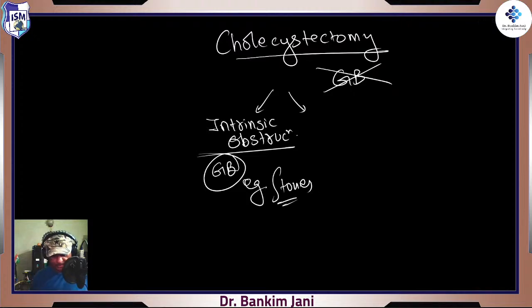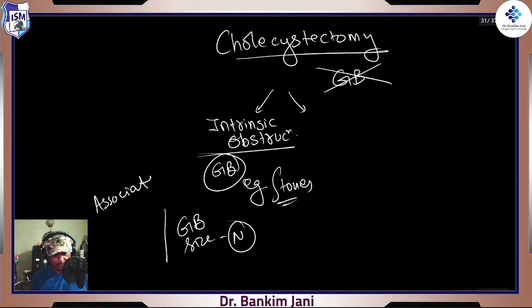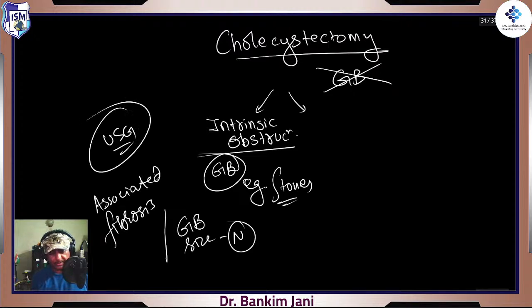In such cases, the gallbladder size is usually normal, but definitely there would be associated fibrosis. So how will you really see these things? Ultrasound, USG. Because in ultrasound, you'll be able to see the consistency of the gallbladder.